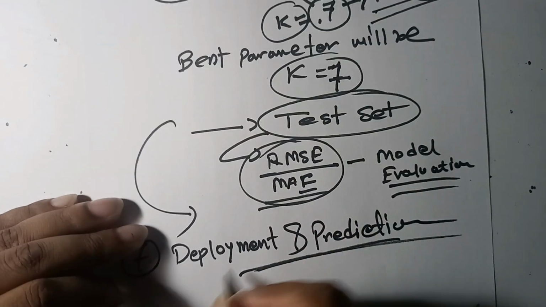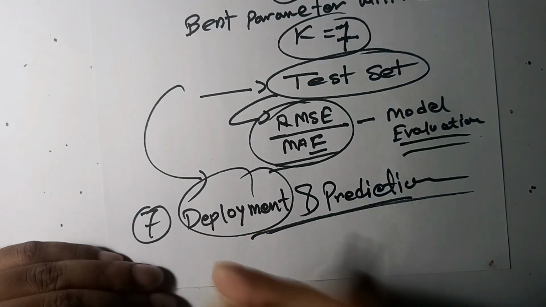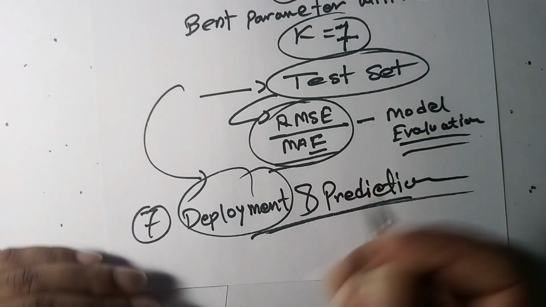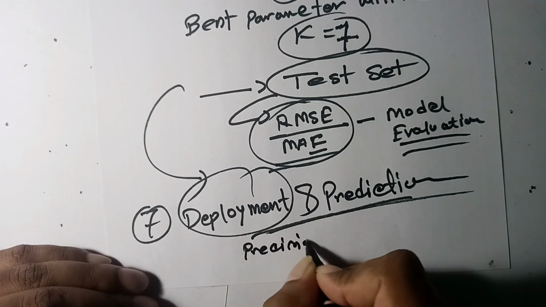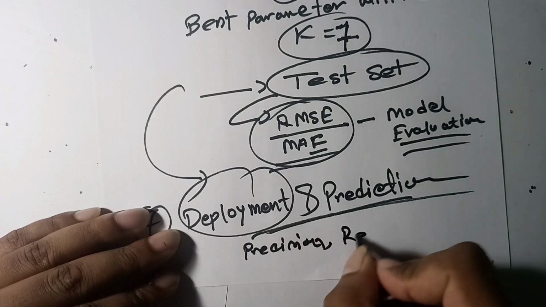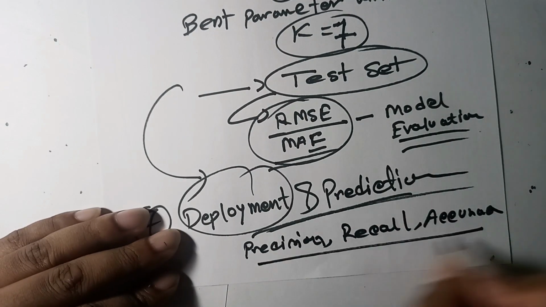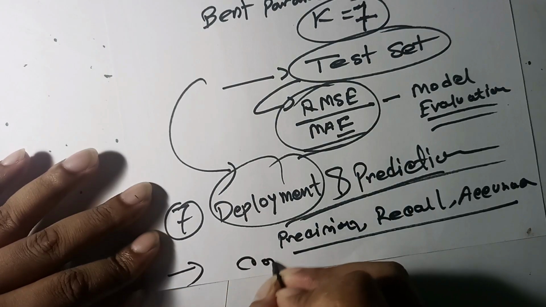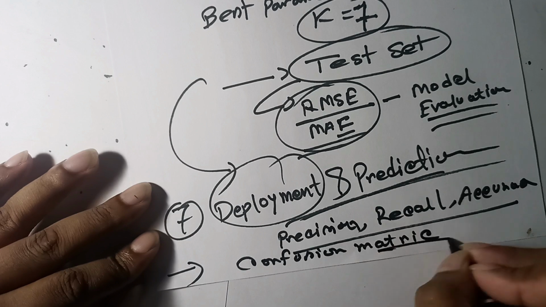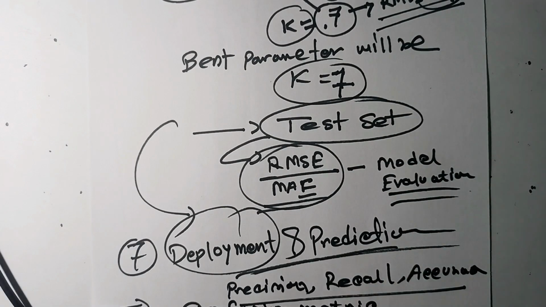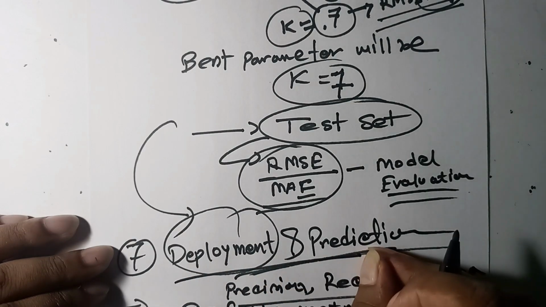Say you deployed your model in some sort of a system, and based on that system you will find, again, evaluation metrics such as precision, recall, accuracy. For that you have to construct a confusion matrix. That is our seventh step, deployment and prediction.